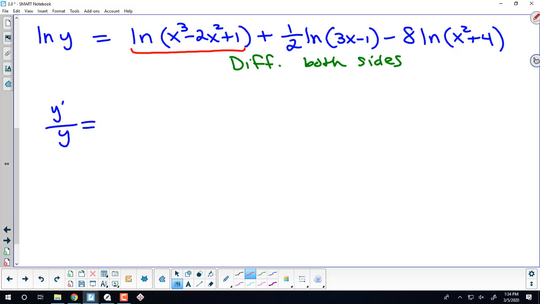Okay, right, but it's minus 4x, right? Oh, 4, yeah. 4 with the 2. So remember, the derivative of the log of anything is 1 over the thing. So we have 1 over this thing times the derivative of that thing. What's the derivative of x cubed minus 2x squared plus 1? It's 3x squared minus 4x.